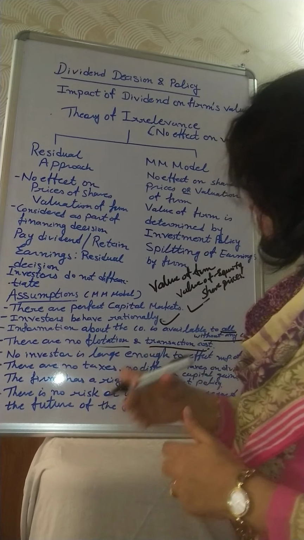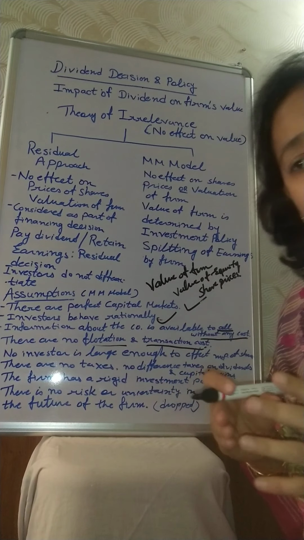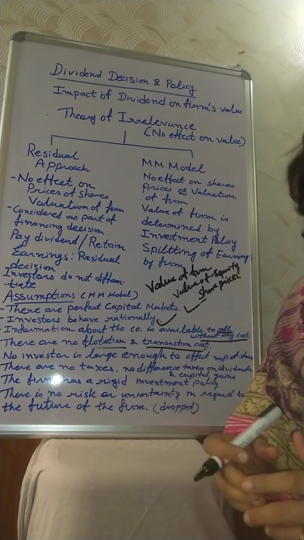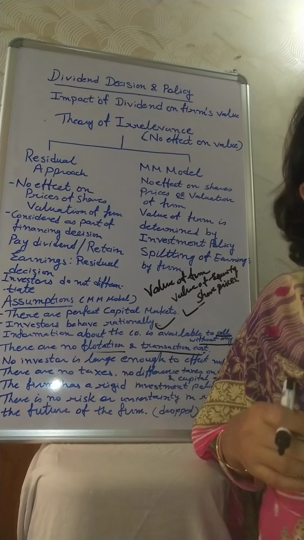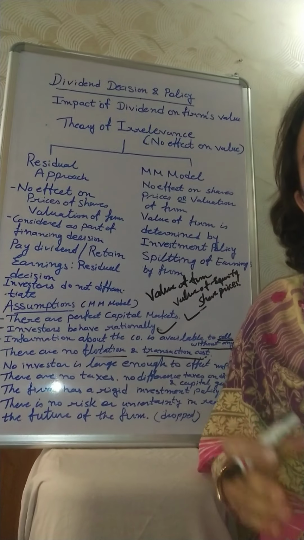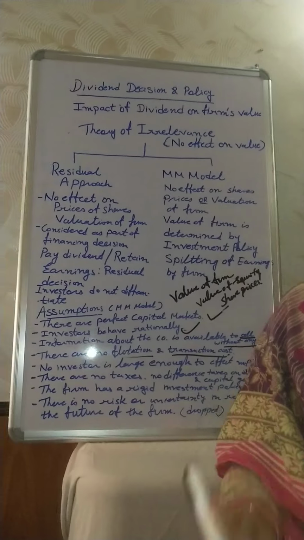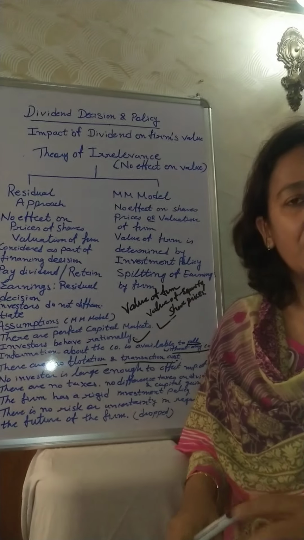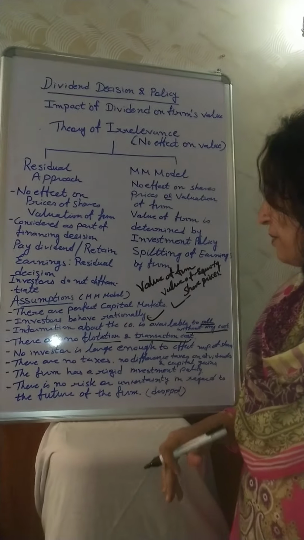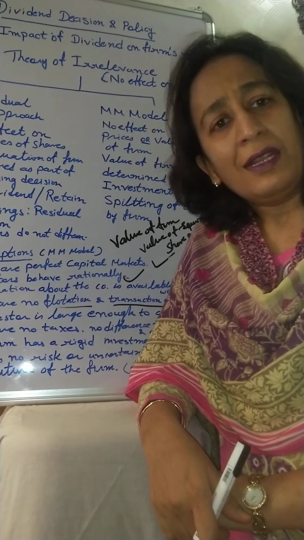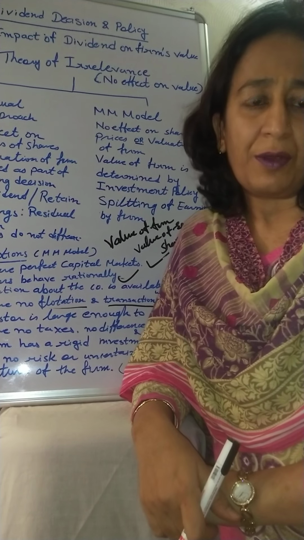Now, what does it mean? Due to the existence of external financing, the company has to pay to the external debtors. This is the reason. Fine. So, let's understand the argument.